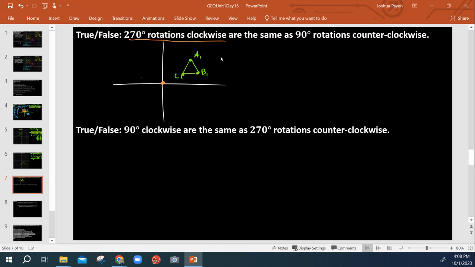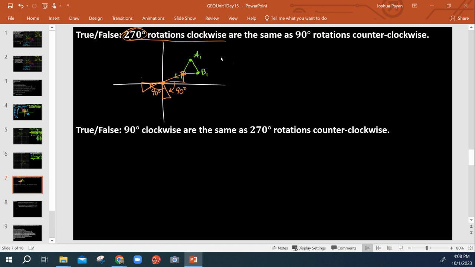So got my center of rotation, connect them, draw my right triangle. Okay, so I'm going to come through, let's say this is 90 degrees now. So there's 90 degrees. Well, I got to go 270. So I'm going to go another 90 degrees. Okay, so there's another 90 degrees.